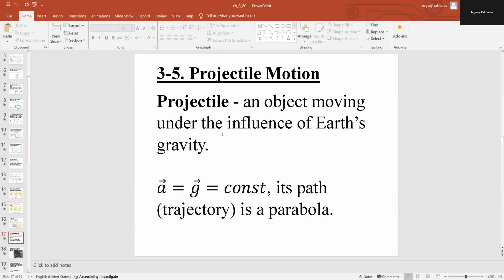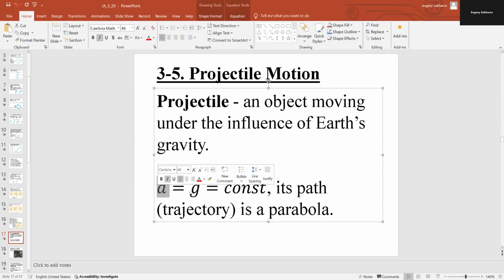Gravity creates free fall acceleration. Instead of just acceleration, we say g, small g. And what's even better, it is a constant. It's 9.8, pointing downward at all times.